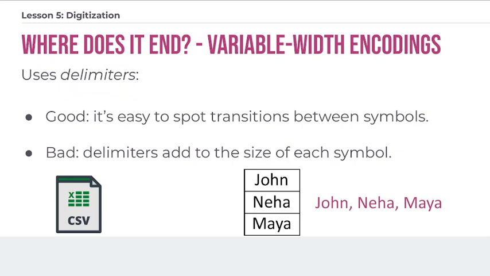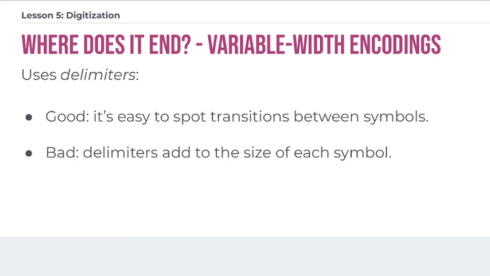When you're encoding something with this format, there has to be some way to show where one value ends and the next begins. Think about changing a really large Excel spreadsheet into a CSV file.